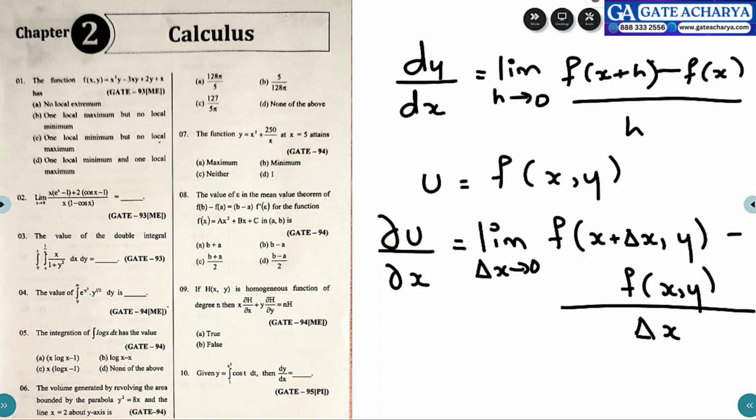But this is not the only partial derivative that I can do. Here I have taken the variable x. I can also do the same logic with variable y. So if I do the logic with variable y, dou u by dou y will be what then, guys? Limit incremental value delta y tending to 0.